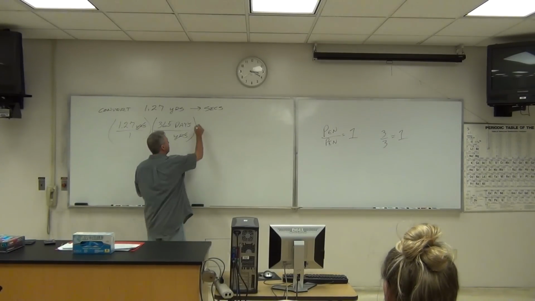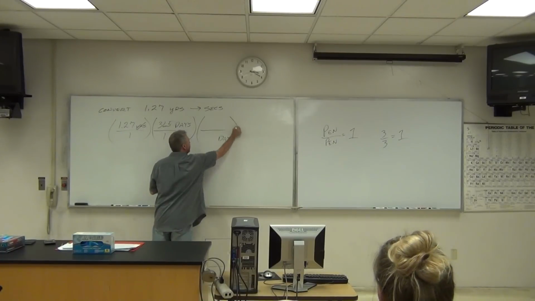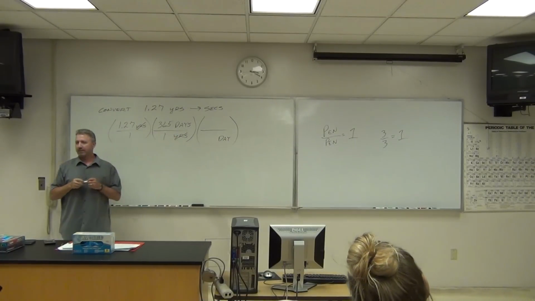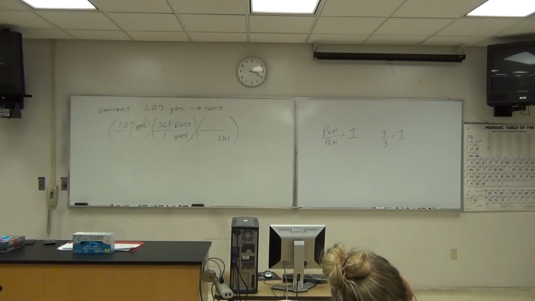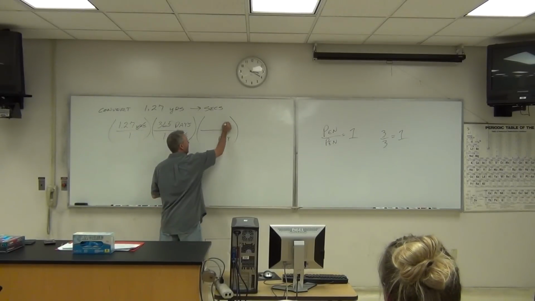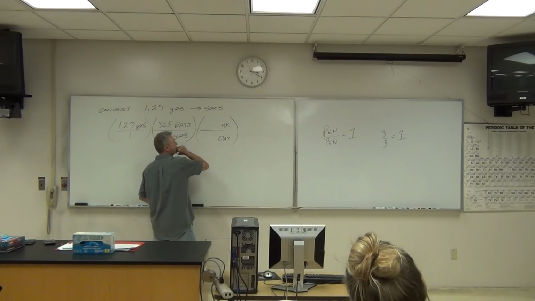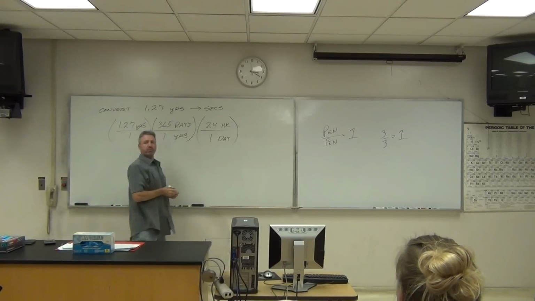Don't know what I'm going to do next, but I do know I got to have days here. Where can I take days to? Hours. That's a good one. What is that conversion? 24 hours is 1 day. 24 goes with the hours, 1 goes with the day.